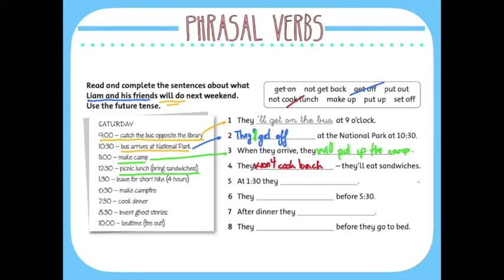Okay. Leave for short hike for hours. At half past one, they will not get back.